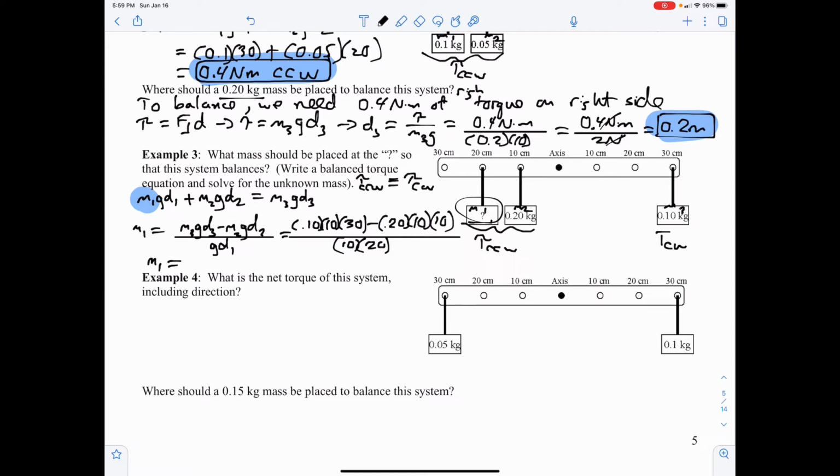Okay, so the first one we have 0.10 times 10 times 30 is 30, minus 0.20 times 10 times 10 is 20, all over 10 times 20 is 200. 10 divided by 200 is 0.05 kilograms. That would be the unknown mass you put here.